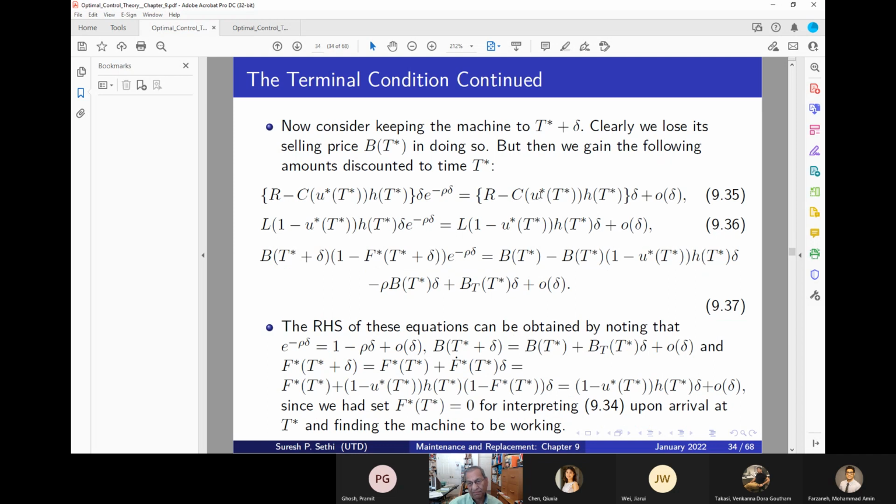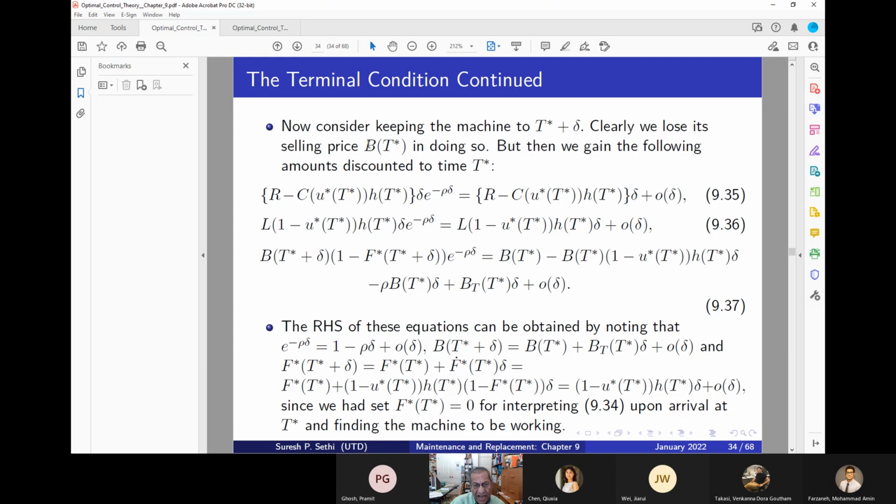Now the next slide. If you keep the machine to t star plus delta, then we certainly lose the selling price B t star, because I'm not selling it at t star, so I'm not getting it. I may get it at t star plus delta, but that's what I'm going to find out. Each thing that is going to happen, I have to do a bookkeeping of it.